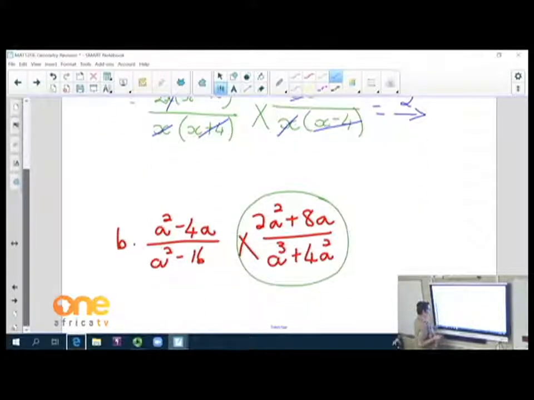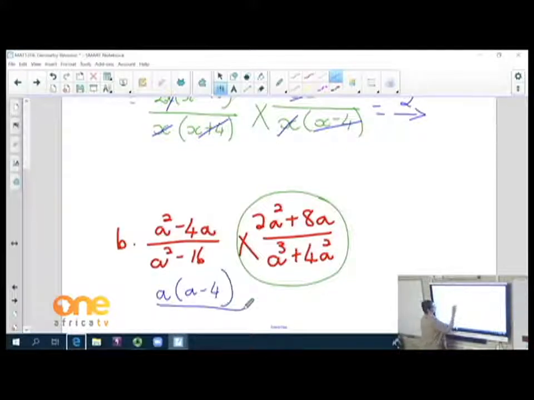Number B, it's multiplication. I already did step 1, it was division, so you multiply with a reciprocal. So I already did step 1 there, and we're going to factorize this whole thing now here. So this one is the highest common factor a minus 4.